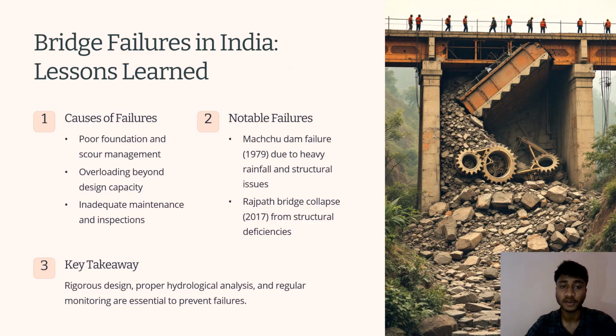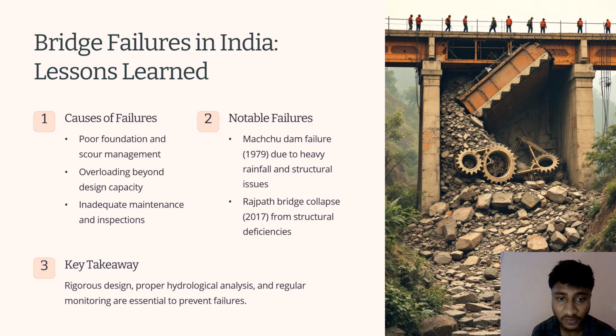Next one is bridge failures in India. What lessons we should learn, and have learned, from the bridge failures in India. So there are three lessons learned from bridge failures in India. First one is causes of failure, second one is notable failures, and third one is key takeaways. So causes of failures: poor foundation and scour management. Second one is overloading beyond design capacity, and third one is inadequate maintenance and inspections.